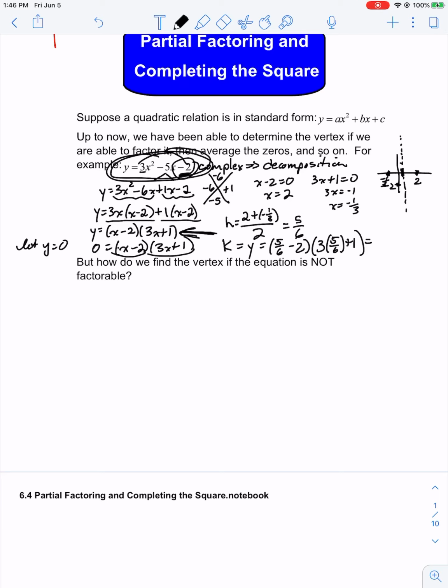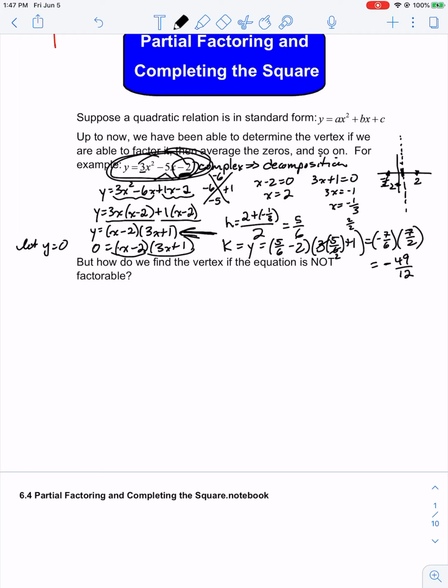Okay, so 5/6 minus 2, that equals negative 7/6. And then 3 times 5/6, 3 and 6 will cancel. That'll give you a 2. So 5/2 plus 1. 1 is the same as 2/2, so that's 5/2 plus 2/2, which is 7/2. And so that equals negative 49/12 would be the k value, or the y coordinate of the vertex.